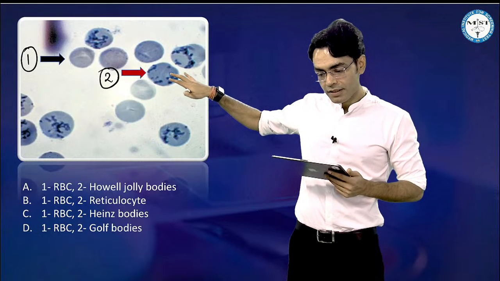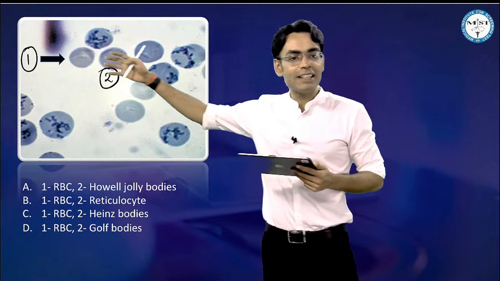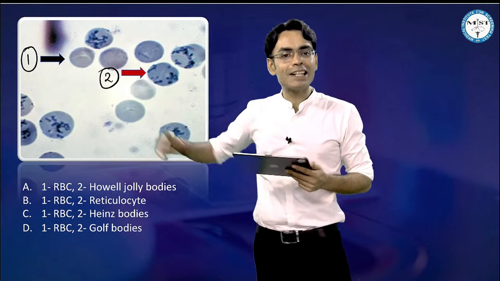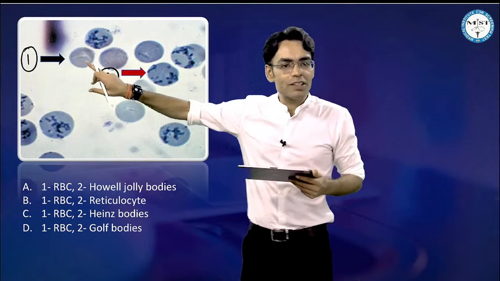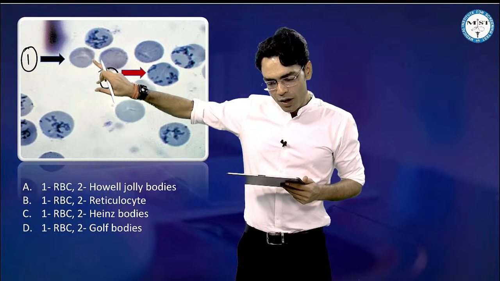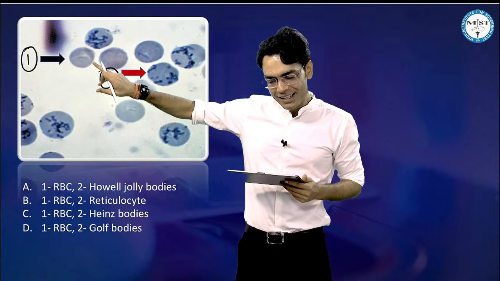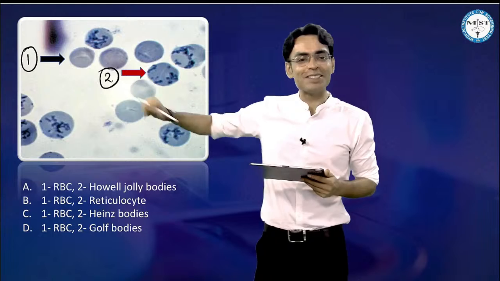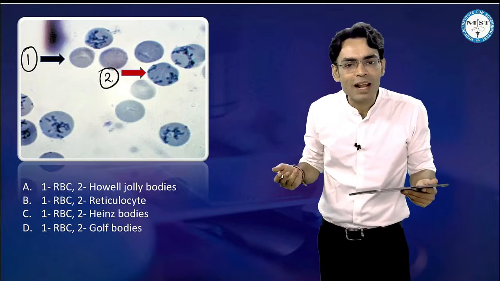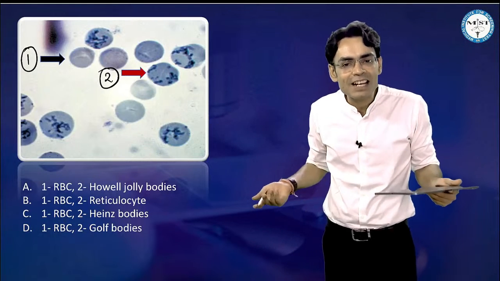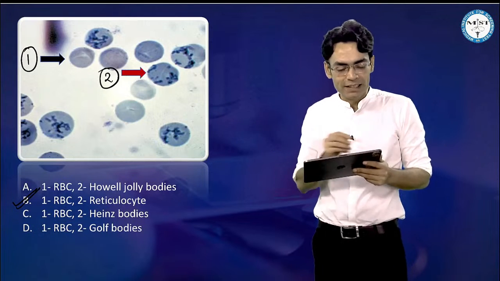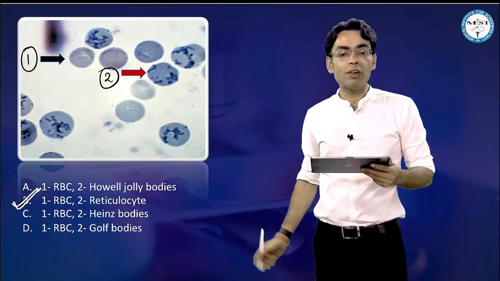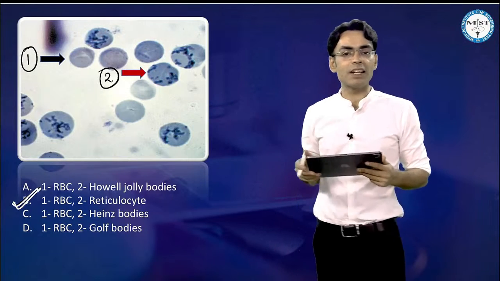And this is a normal RBC because it does not contain anything. So the first is a normal RBC and the second is a reticulocyte, with supravital stain. So the correct answer is B in this question. First is the RBC and the second is a reticulocyte.